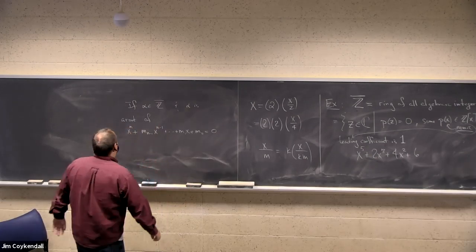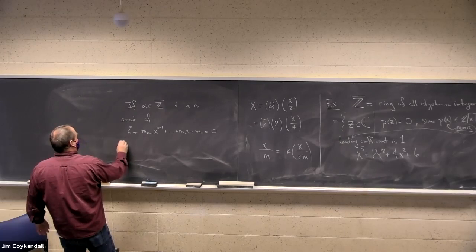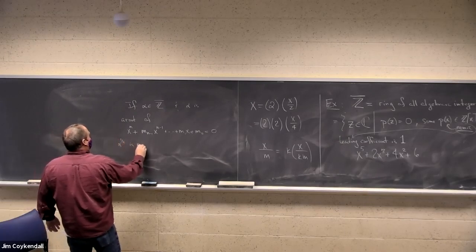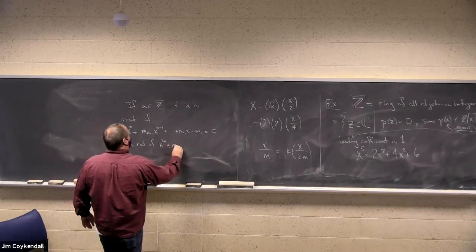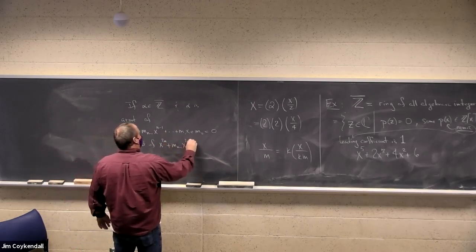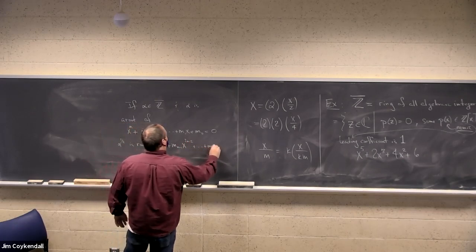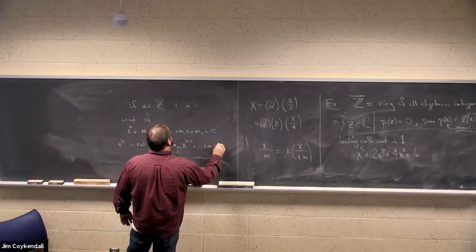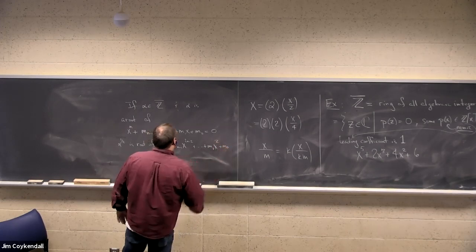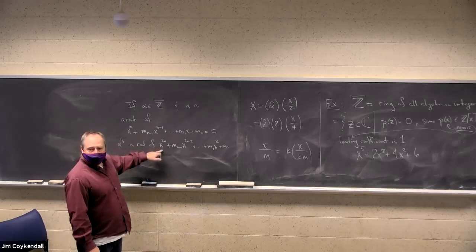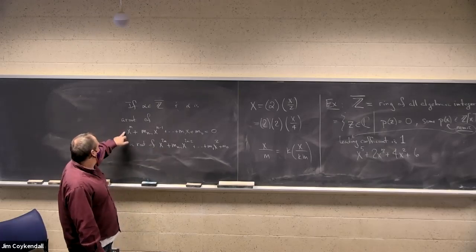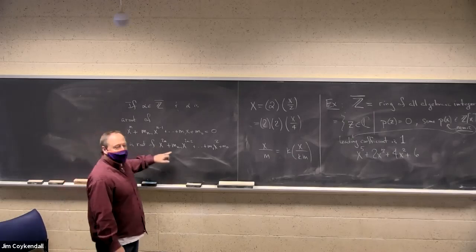Then notice that alpha to the 1/2 is a root of x to the 2n plus a_{n-1} x to the 2n minus 2 and so on, plus a_1 x squared plus a_0. Notice that this polynomial here, where I just doubled up on the exponents, is also a monic polynomial with coefficients in Z. So if alpha is a root to this, notice alpha to the 1/2 is a root of that.